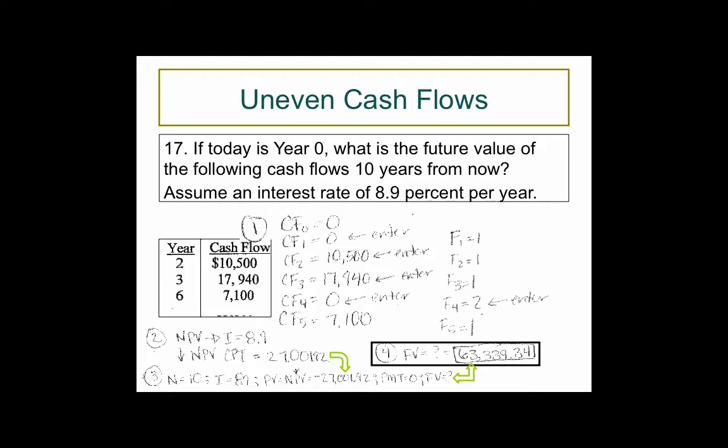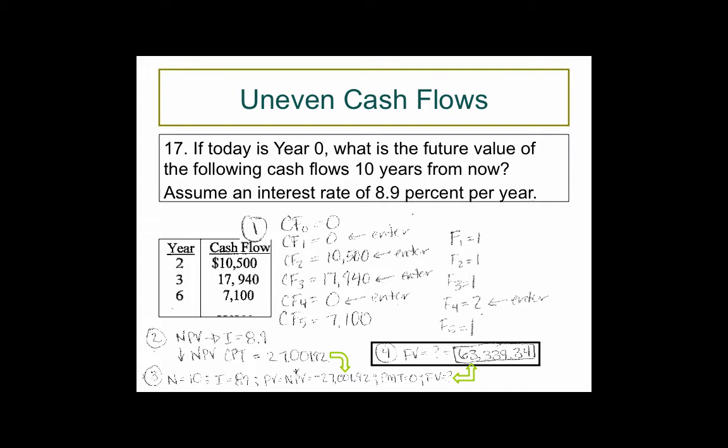You'll put in 10,500, enter, and you go to cash flow 3 and hit 17,940, enter. You get to cash flow 4, you can put in 0, enter, and now you can do frequency 2 if you'd like, because there's 2 years in a row, years 4 and 5. I'm going to do that. Hit enter. And now my cash flow 5 is year 6.